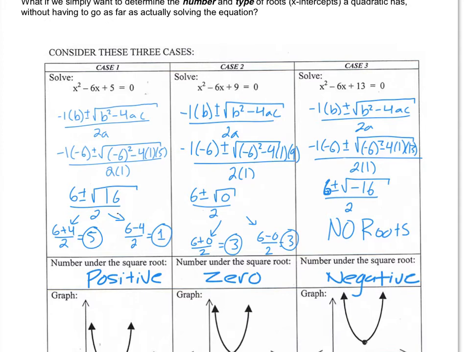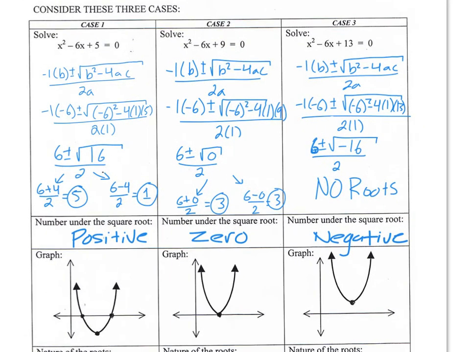Really, this was an investigation into what influence the part under the square root has in the quadratic equation, and it's a pretty big one. Ultimately, we're seeing that a positive number, a 0, or a negative number can produce three different outcomes for our roots, or for the sketch we could make of our parabola.